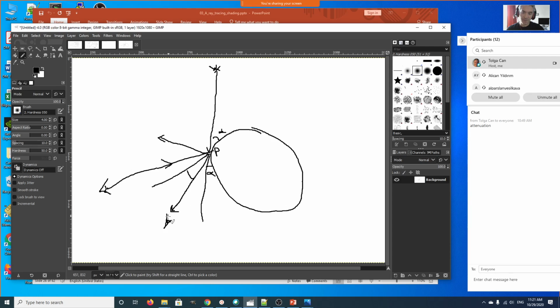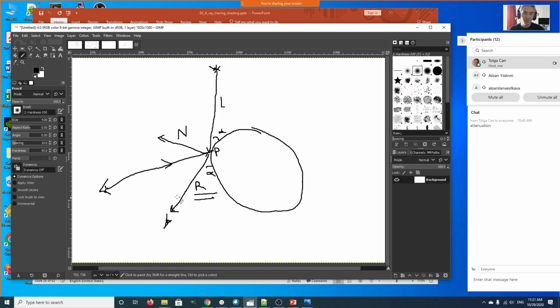If the eye was directly along this line, it would see the reflected light at full intensity. But if it moves away, so let's call this ray the reflected ray, and this is the to-light vector from the point to the light. We are going to use the normal and light vectors together to find this reflected ray.